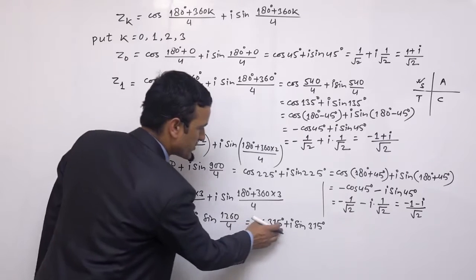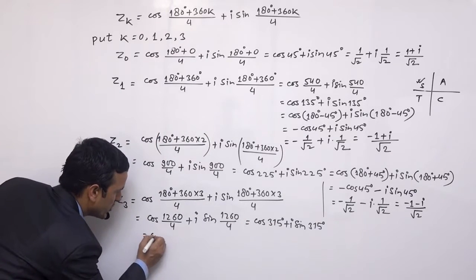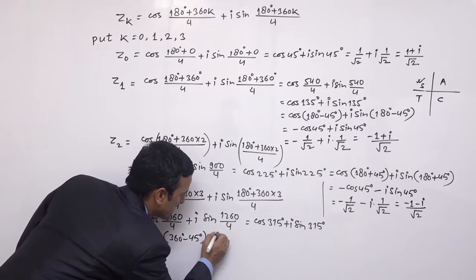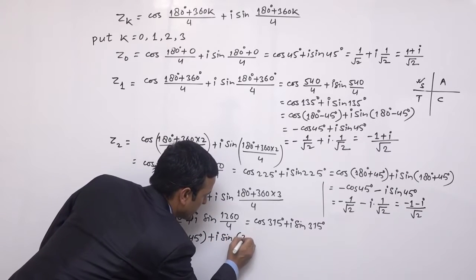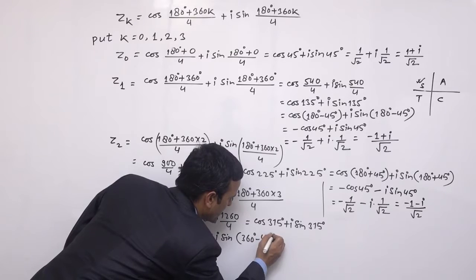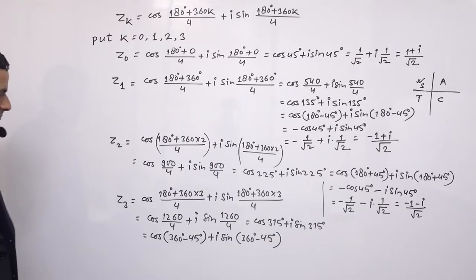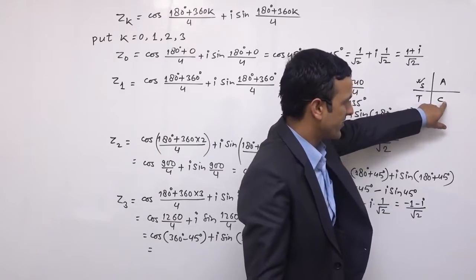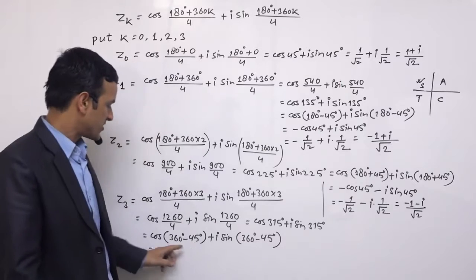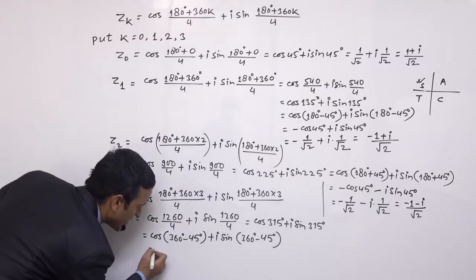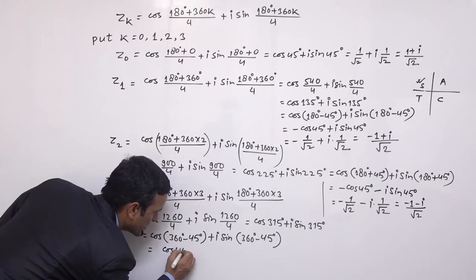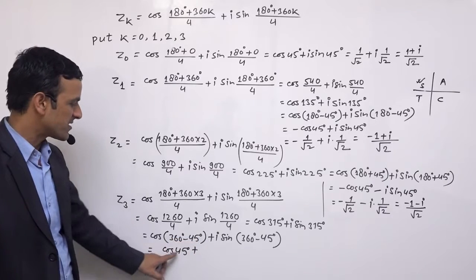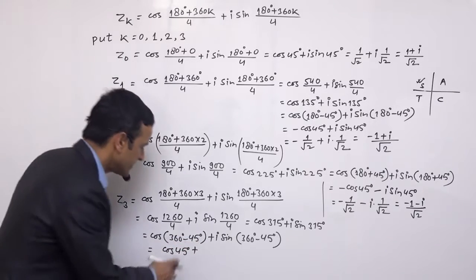Now we can substitute the value over here. Then this will be cos 360 minus 45 plus i sine 360 minus 45. Cos 360 minus theta means this is the fourth quadrant, that's why cos is positive. So write down plus sign and it will be cos 45 degree only. Cos 360 minus theta means cos theta, where theta is 45.